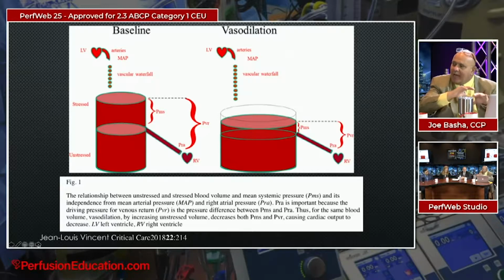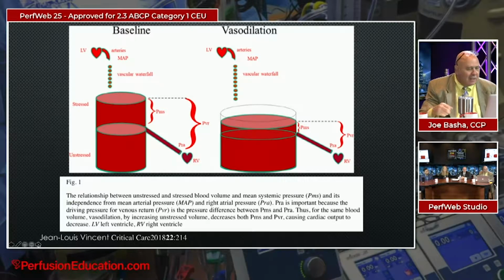And that pressure is between 10 and 12 millimeters of mercury, assuming your patient is euvolemic at the time. If it's a trauma patient who has died from massive bleeding, then the test doesn't work. They have to be a normovolemic individual. So our mean systemic pressure is about 10 to 12.